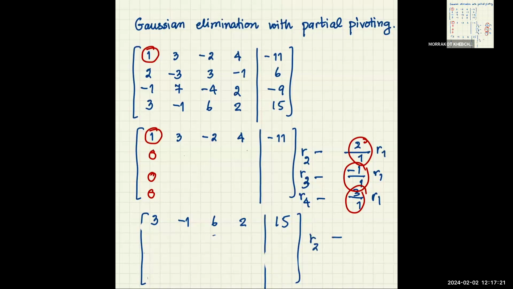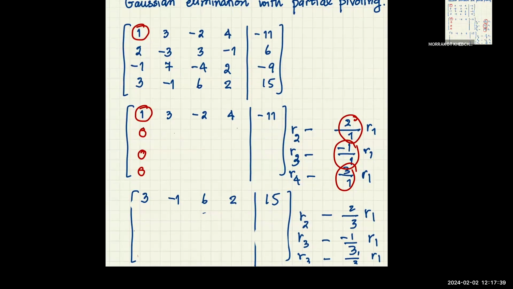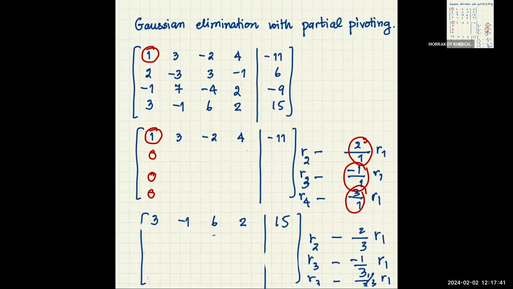R2 minus R1 divided by 3, right? So multiply by 2. R3 minus R1 divided by 3, minus 1. And R4, R1 divided by 3, 1 over 3, okay? So you can see that the multipliers here are less than 1, less than 1, less than 1.